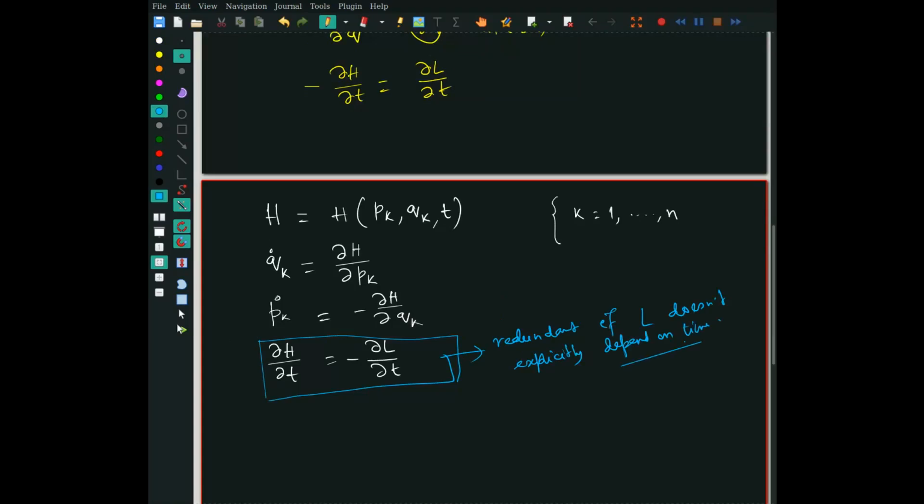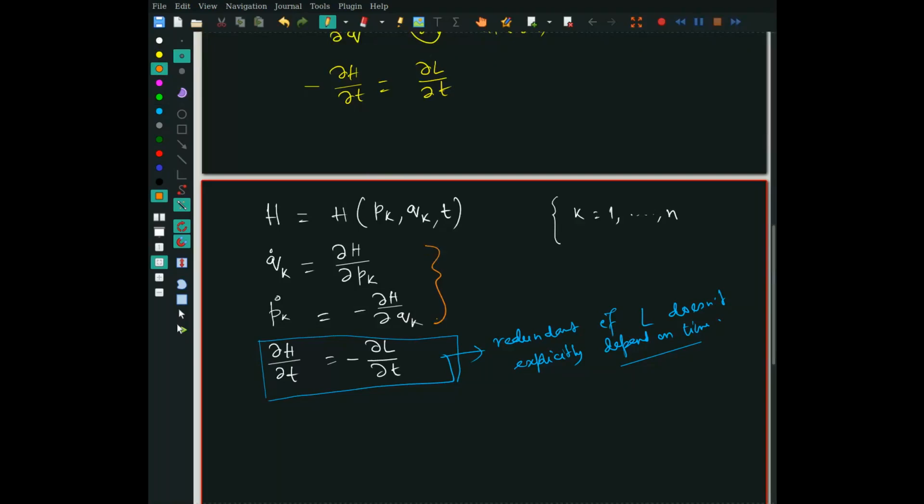Okay. So that's why, when I talk about Hamilton's equations, usually we mean the first two sets of equations.